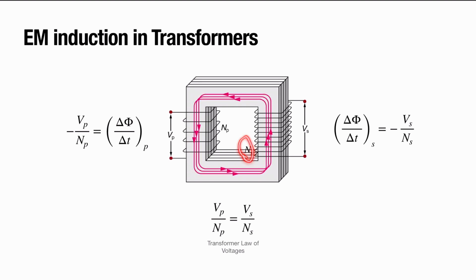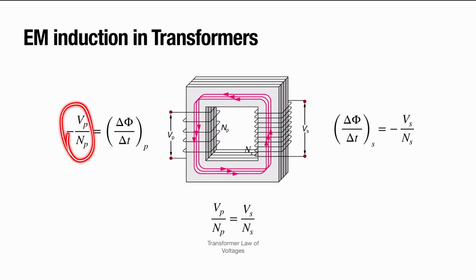Unfortunately, my N sub S here, the number of windings on the secondary, is a bit obscured, but the point is the number of windings on the secondary side is represented by N sub S. So this means the change in magnetic flux on the secondary side must also be equal to minus the voltage on the secondary side divided by the number of windings on the secondary side. But remember, these magnetic fluxes are the same.